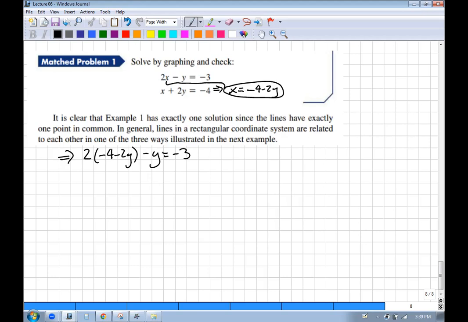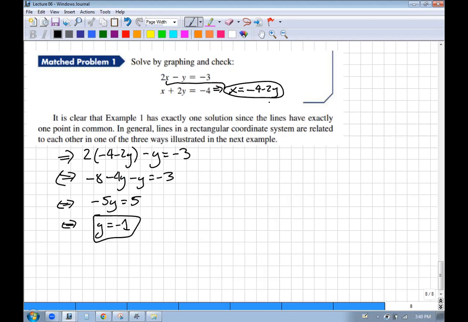Substituting that in, all I have is the letter y. There's no x. So I can solve for y. We have -8 minus 4y minus y equals -3. Combining like terms, I have a -5y. Add 8 to both sides. That gives me 5. That means y is -1.